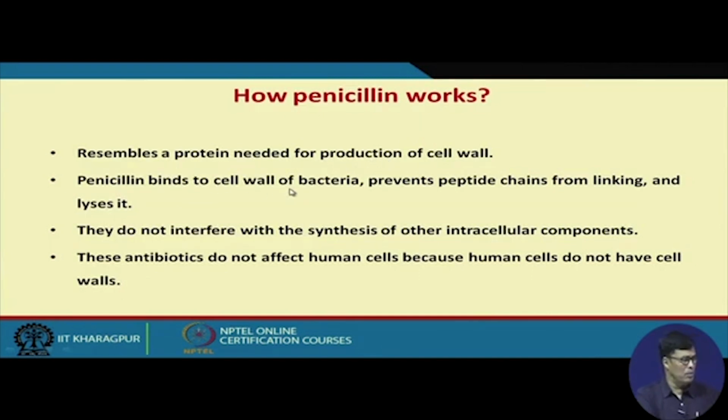Penicillin binds with the cell wall of the bacteria, prevents the peptide chains from linking, and lyses it. Lysing means it kills, it destroys the cell. They do not interfere with the synthesis of other intracellular components. The main purpose of the penicillin is that it inhibits cell wall formation in the bacteria.